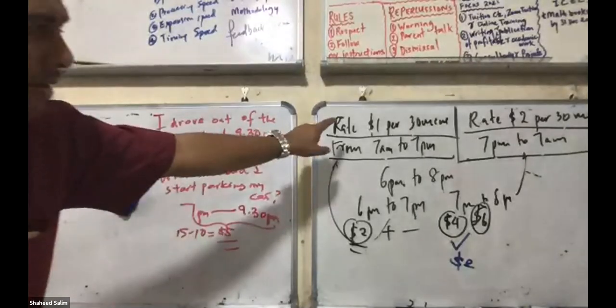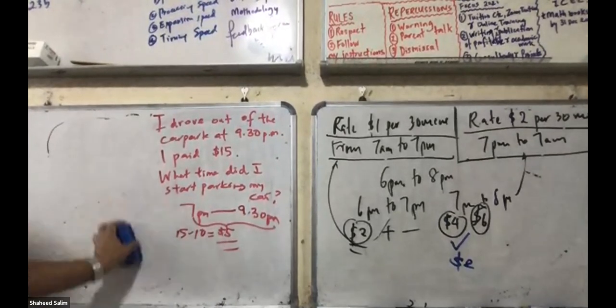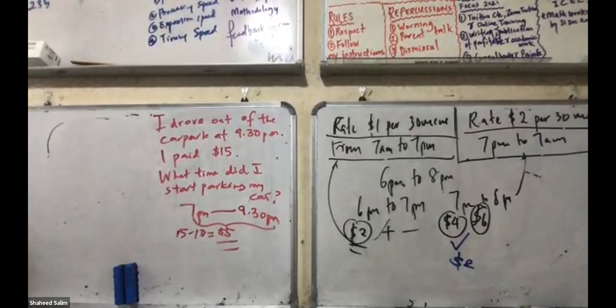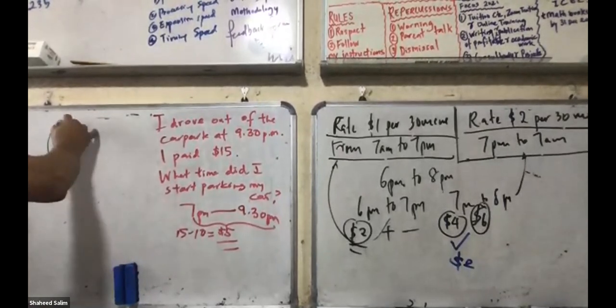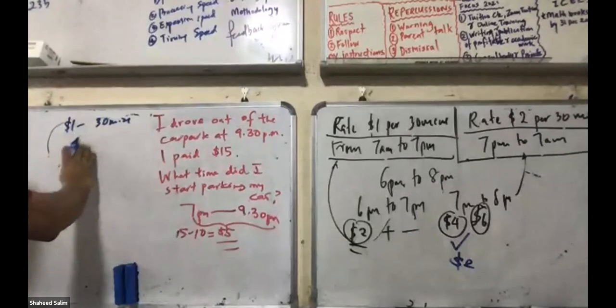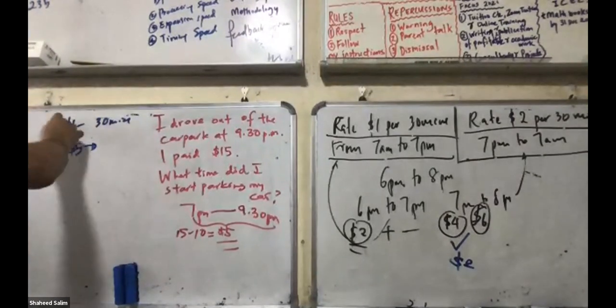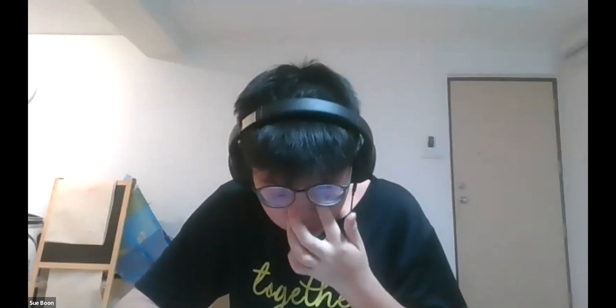From here to here, you've got to times by what? 150.